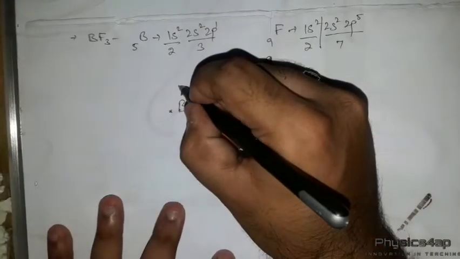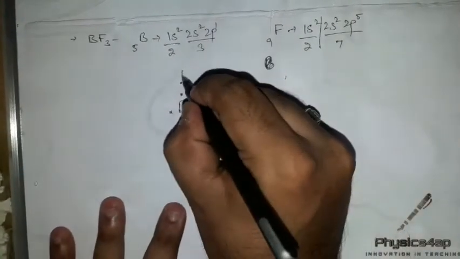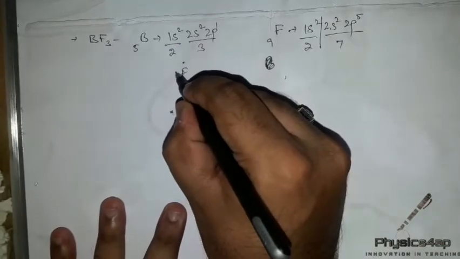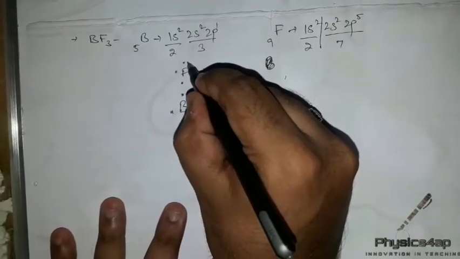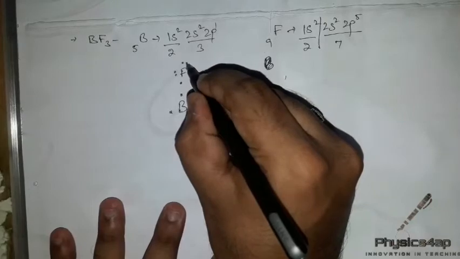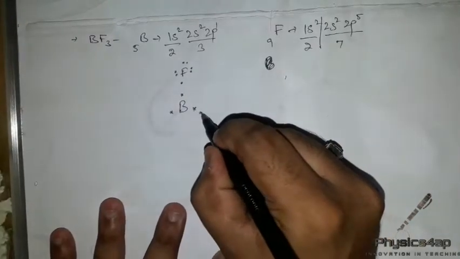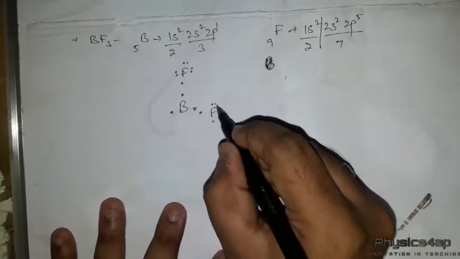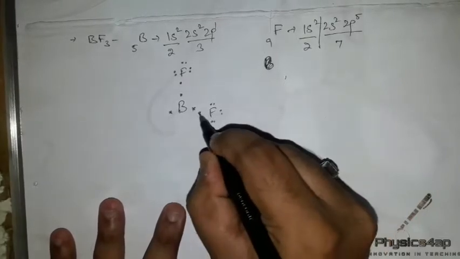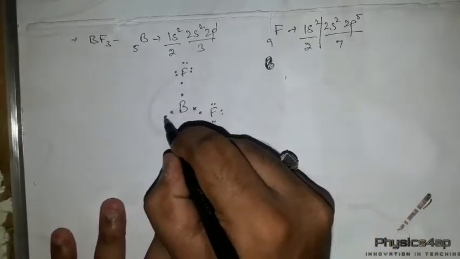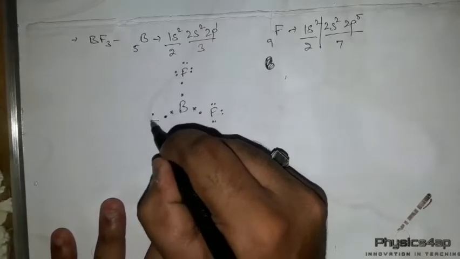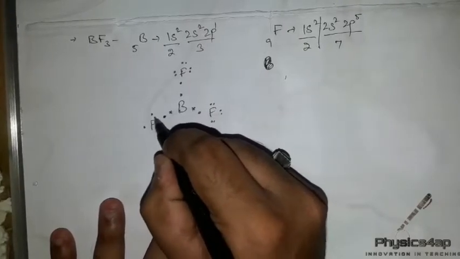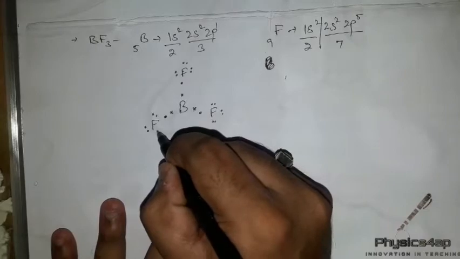That is, one fluorine with 1, 2, 3, 4, 5, 6, 7, another fluorine with 1, 2, 3, 4, 5, 6, 7, and another fluorine with 1, 2, 3, 4, 5, 6, 7.